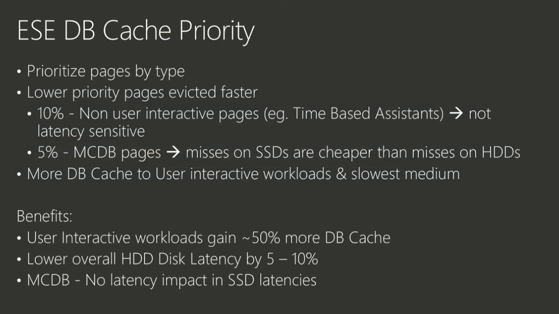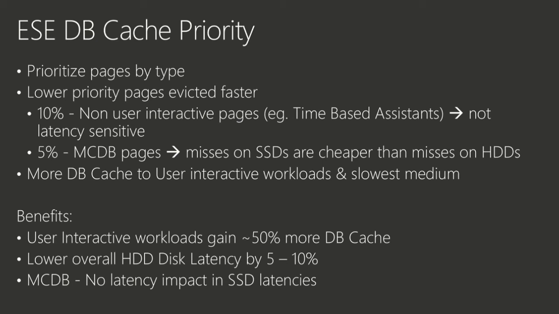So we have taken this one step further, because we know exactly how things are used and what is high priority and what is lower priority. It's a pretty simple concept. Lower priority pages get evicted faster, and higher priority pages get to stay in for longer. We have identified 2 types of low priority pages.